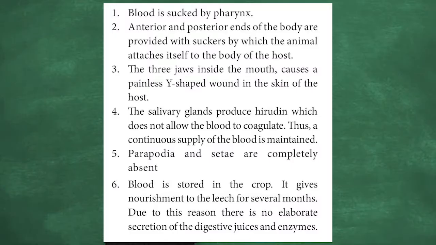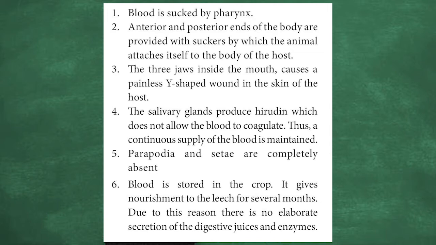Then next comes parasitic adaptation of leech. Here blood is sucked by pharynx. Anterior and posterior ends of the body are provided with suckers by which the animal attaches itself to the body of the host. The 3 jaws inside the mouth cause a painless Y-shaped wound in the skin of the host.